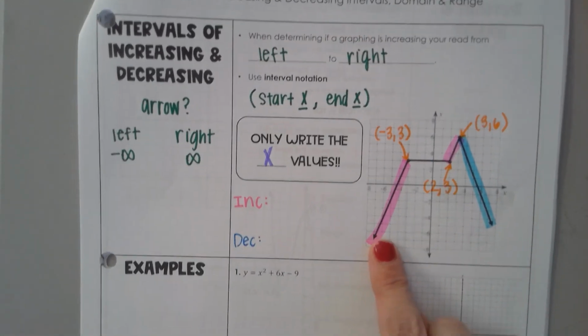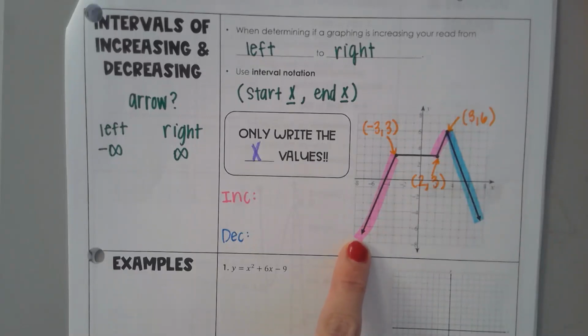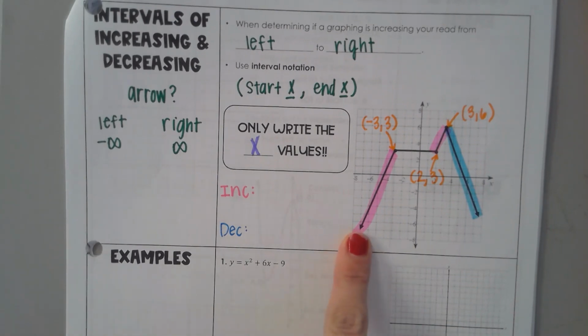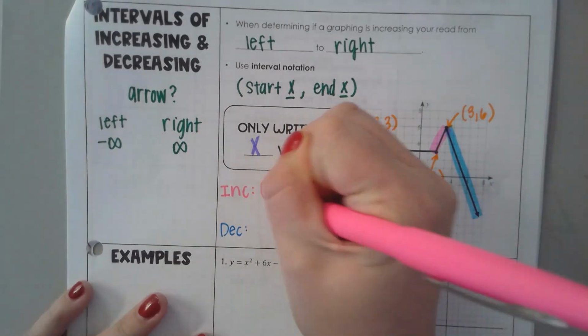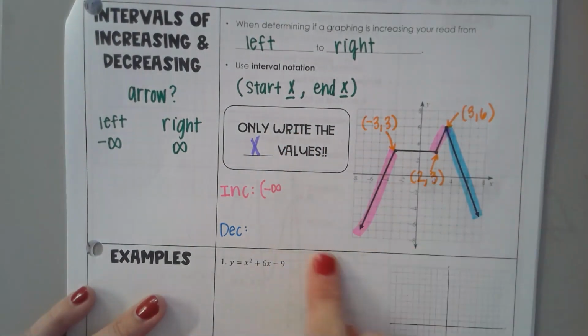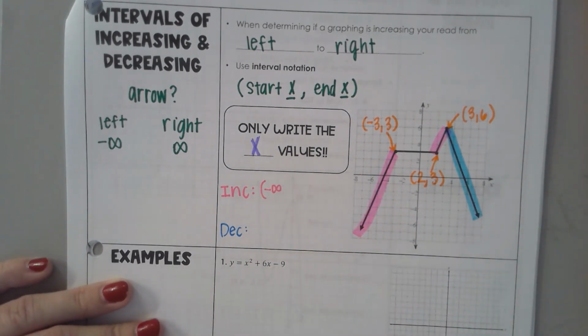So let's look at this first increasing interval. Where does it start? Like an arrow? Well, that's an arrow, so it actually goes on forever. So if I have an arrow, what am I supposed to put down? Negative infinity. If it starts at an arrow, it's negative infinity, because this goes on forever, down, down, down, so I really can't pick a starting point.